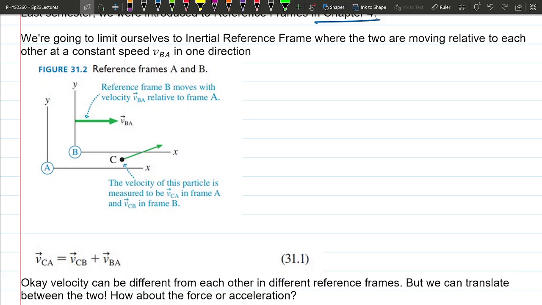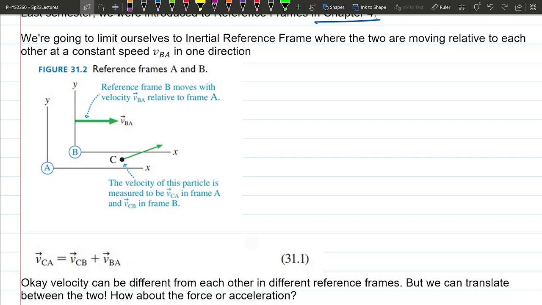Okay, so we're going to start using this stuff called relativity. Not quite the Einstein relativity, but this is going to get us towards that if you're interested. Let's say we have some particle, let's not call it a charge. What starts with a C? A cat, running along in both these frames.